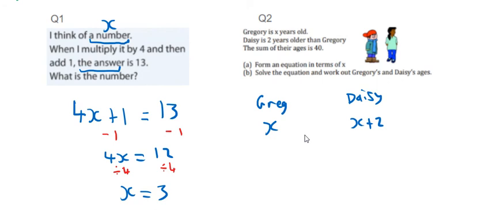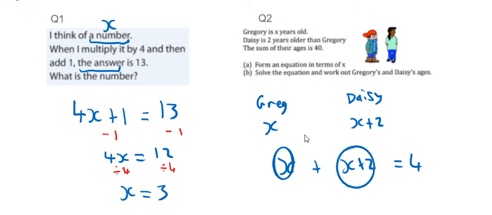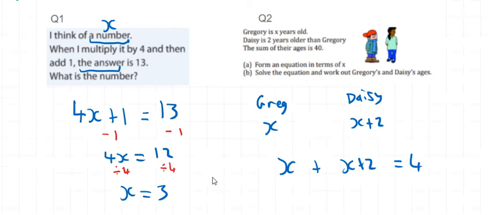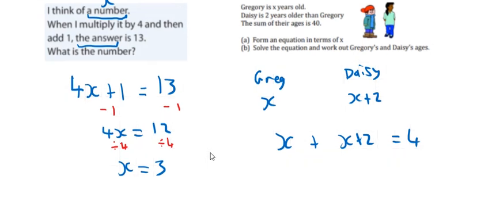The sum of their ages then is 40, so we're doing x plus x plus 2 would equal 40, because that's Greg's age, that's Daisy's age. So x plus x plus 2. And then that's our equation, so that's the first part done, the equation formed. To solve it, we can put these two x's together because they're like terms.